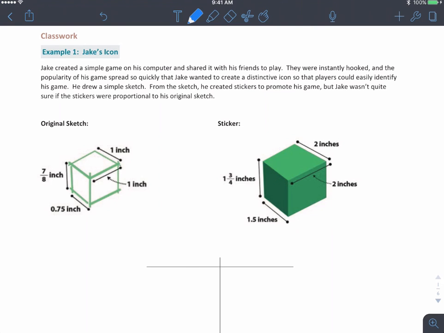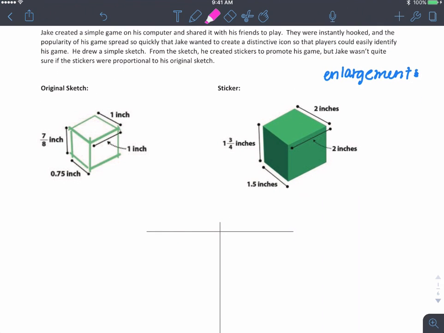It looks like this might be an enlargement. We're going to see what these words mean, and how they're related to scale factor. Hopefully you can make that connection already. But what we're going to have to do is take these sides, and they're going to be corresponding.